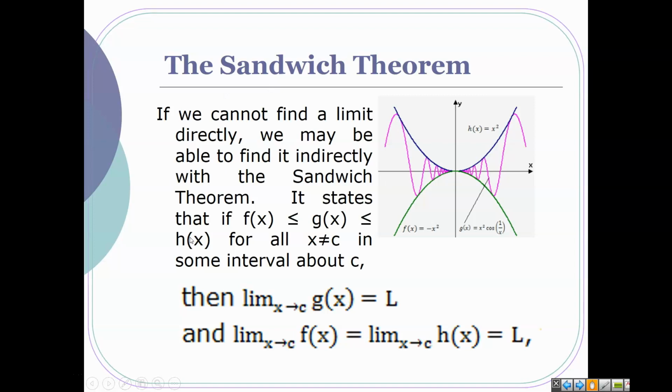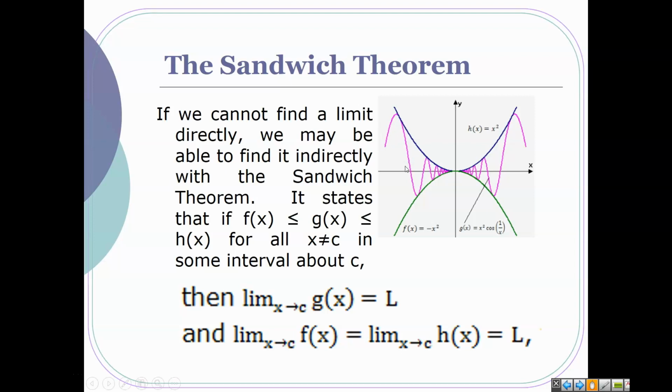There are limits we can't find by graphing them. Remember I said there are 3 reasons a limit fails to exist. You have jump discontinuity, you have a vertical asymptote, and that vertical asymptote was like the limit is f of x over g of x example, because it did not have a slope that was defined. And then we have an oscillating function.